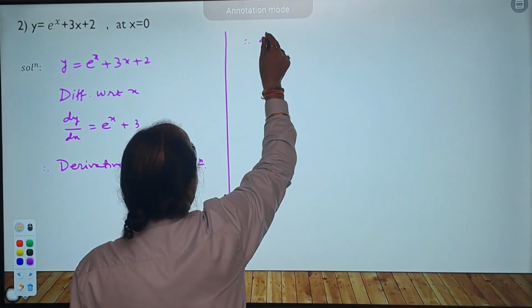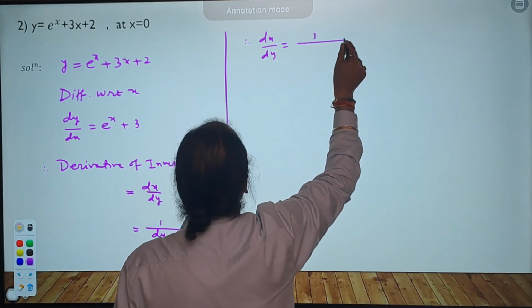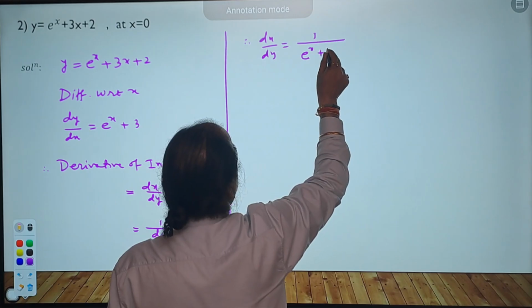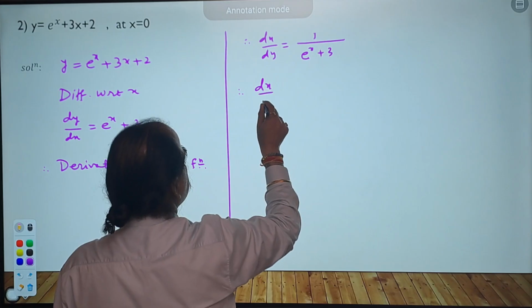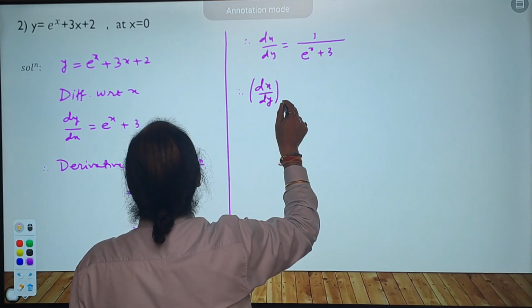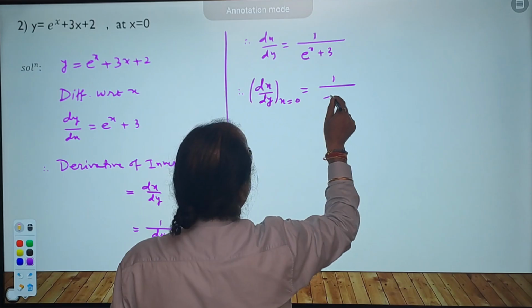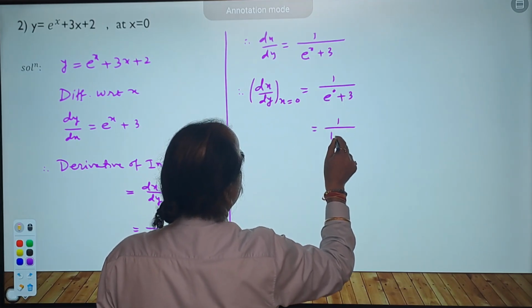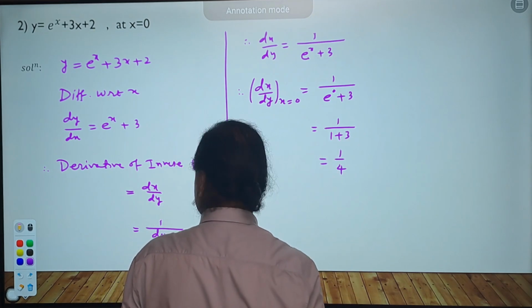Therefore dx by dy is what? 1 upon e raised to x plus 3. So dx by dy when x is 0 is 1 upon 4.